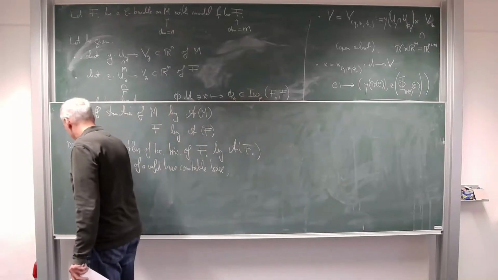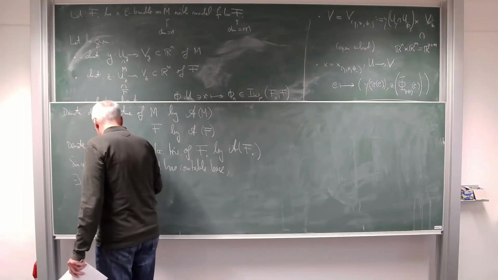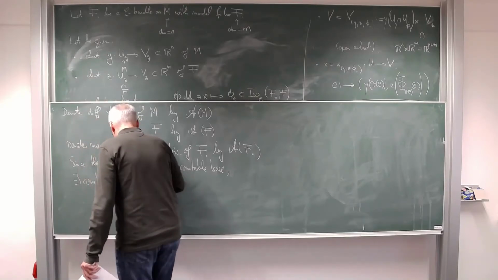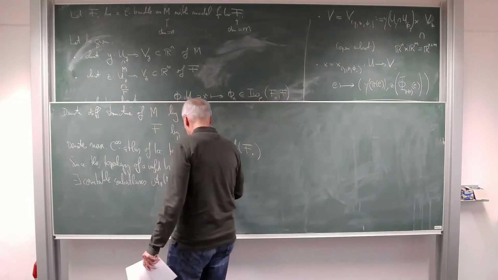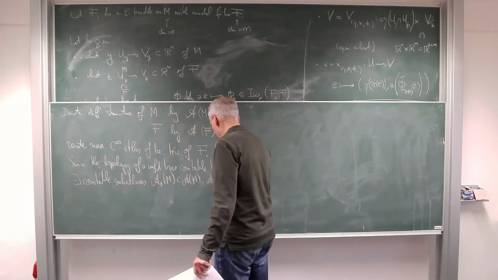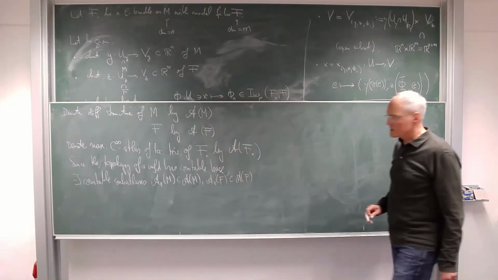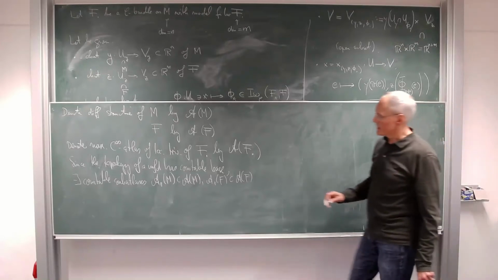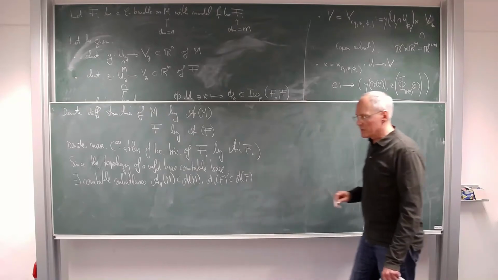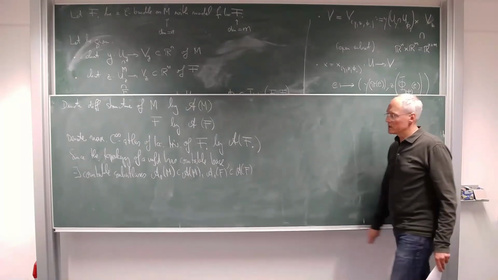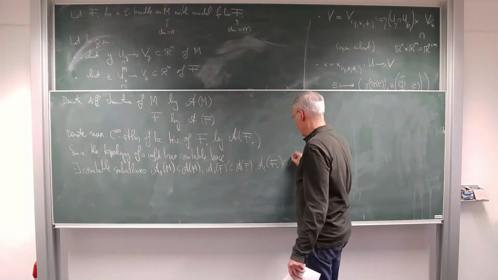So there exist countable sub-atlases A1M of AM, similarly A1F of AF, and also for this atlas of local trivializations. Same thing, right? The domains of these local trivializations cover my manifold. I just select a countable subset which still covers, and then I get a countable sub-atlas here too. Same reason.